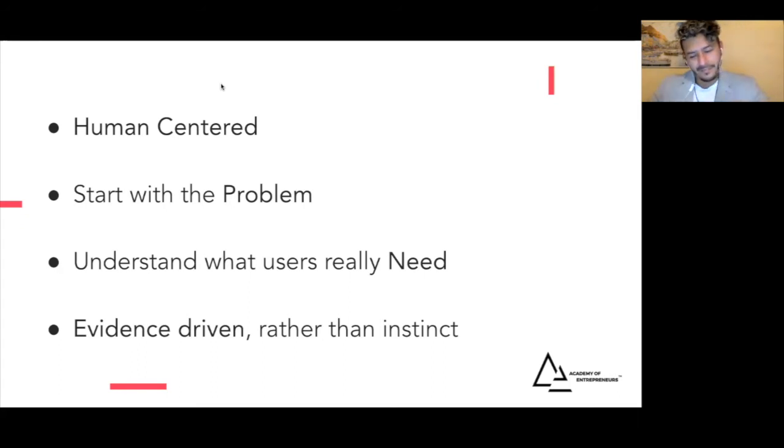Because you have a pretty well-defined process, and you follow pretty defined steps. But the way you move from one step to the next is by getting evidence that you have a problem, you have a potential customer, then you have some ideas, then you have a prototype, and then you're getting some traction from the market with that prototype, okay?